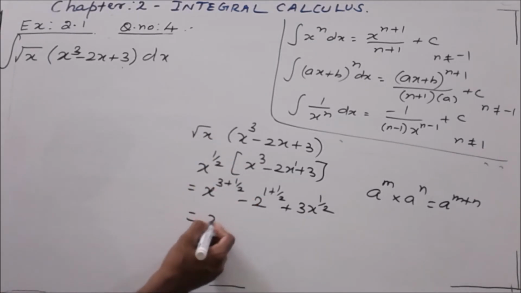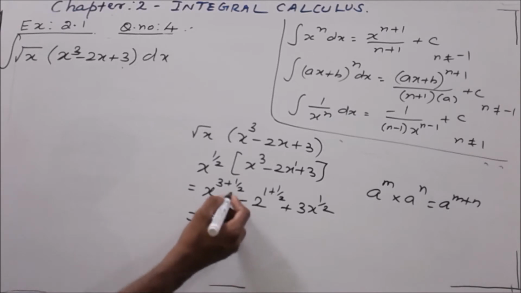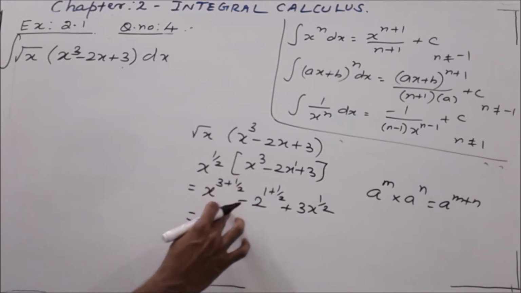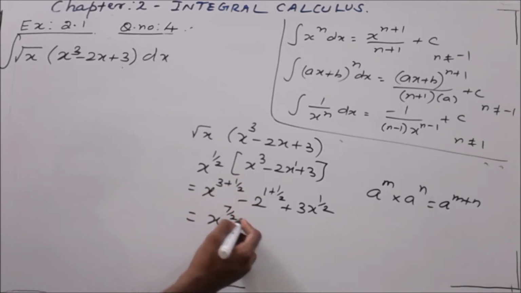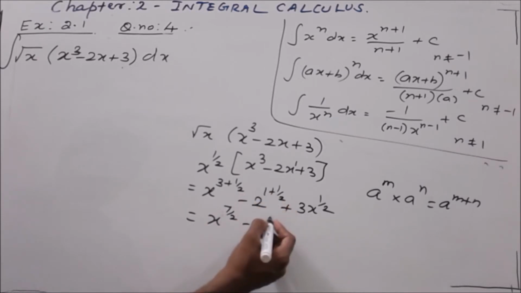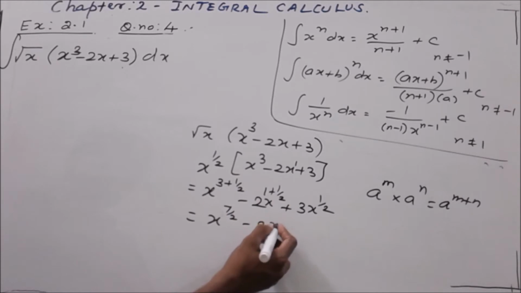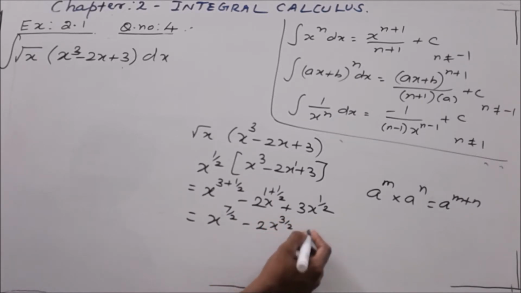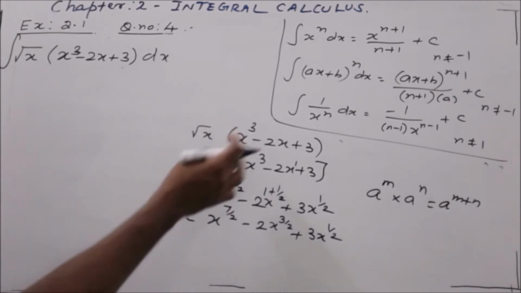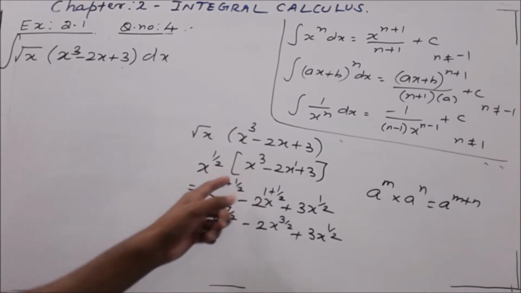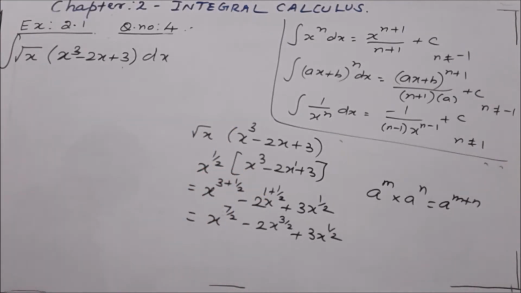Simplify the powers here: x^(7/2) minus 2 x^(3/2) plus 3 x^(1/2). This is the product of these two terms. When we multiply, we can add the powers when the bases are equal.